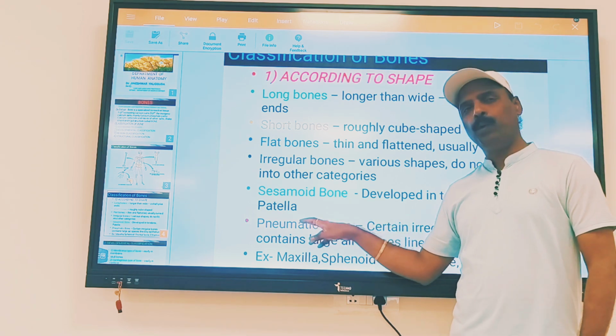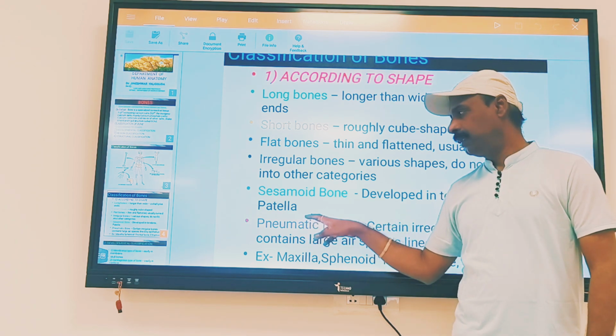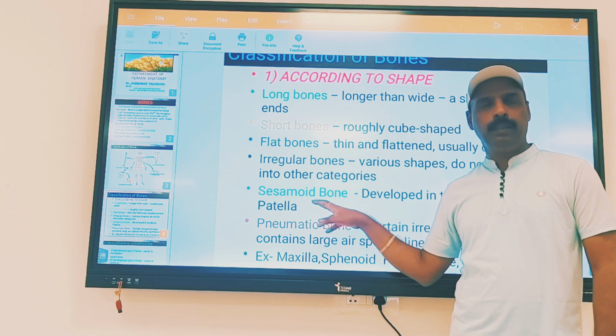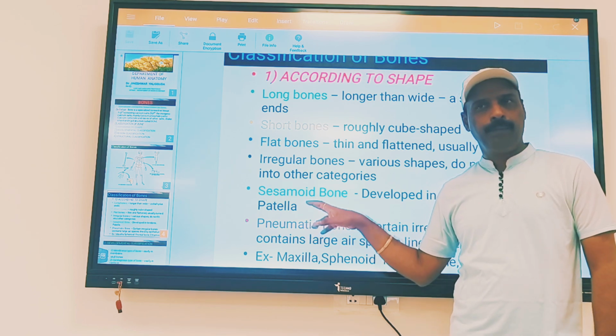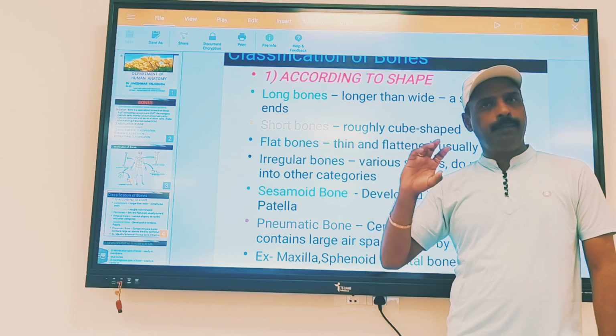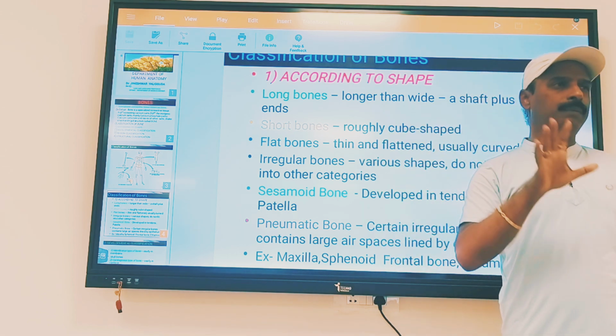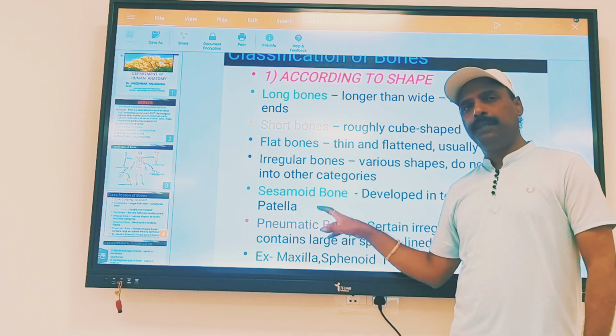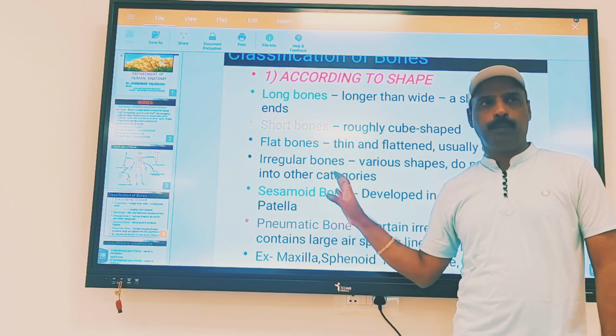Some bones have air-filled spaces lined by epithelium. Pneu means air, and these bones we call pneumatic bones.